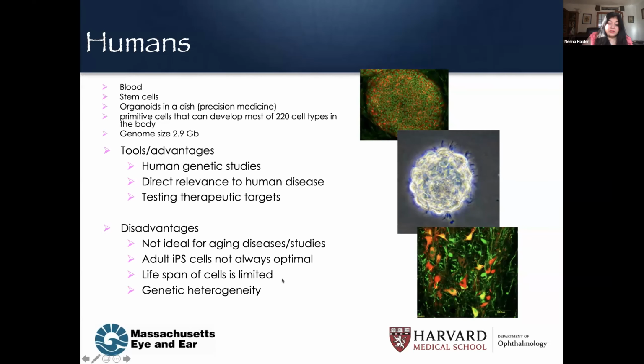Disadvantages of the system are that the organoids are typically in a developmental stage, so not exactly ideal for the aging diseases. Adult iPS cells may not always be optimal, and lifespan's limited, and there's a lot of genetic heterogeneity.